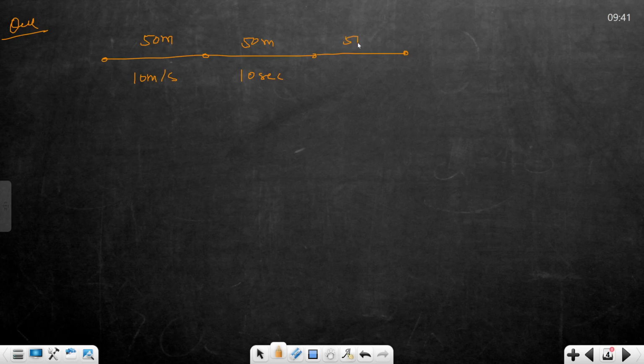Then next 50 meter for 5 meter per second. Then next 50 meter for 2 meter per second. A, B, C, D, E. Find V average. Find velocity average or speed average.